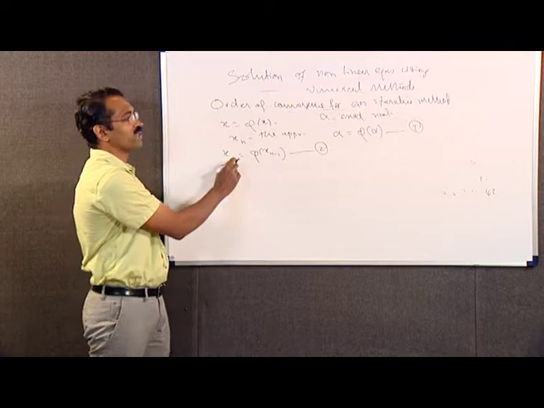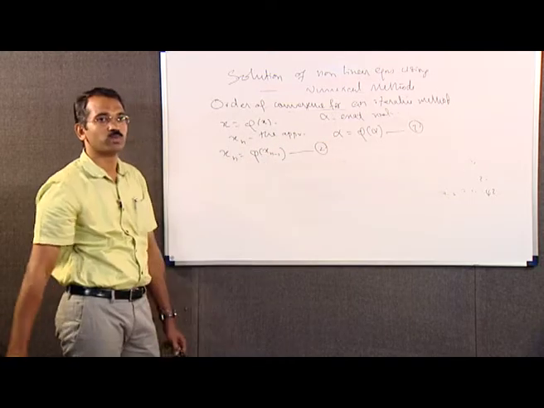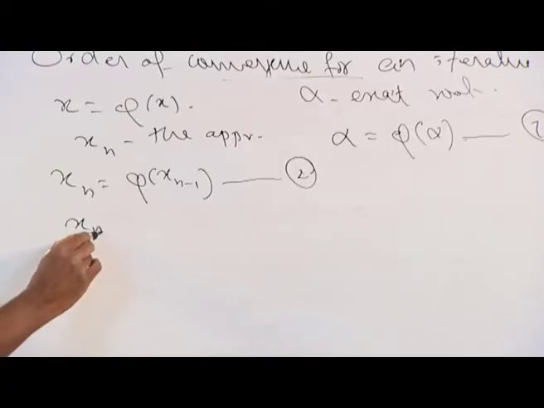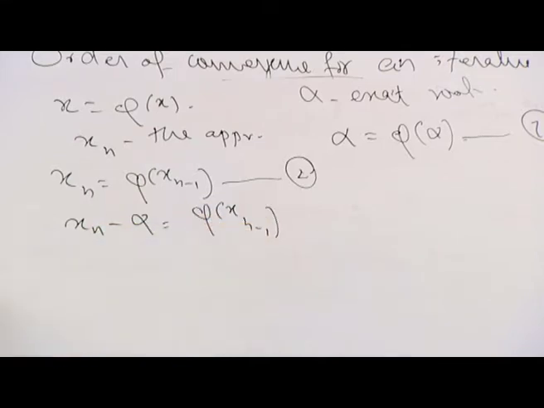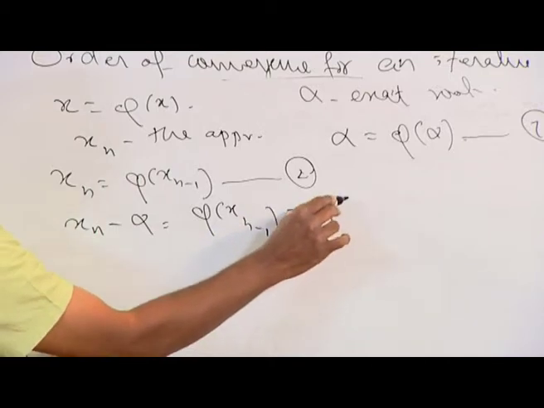Now, we subtract equation 1 from equation 2. We will get x n minus alpha is equal to phi of x n minus 1 minus phi of alpha.